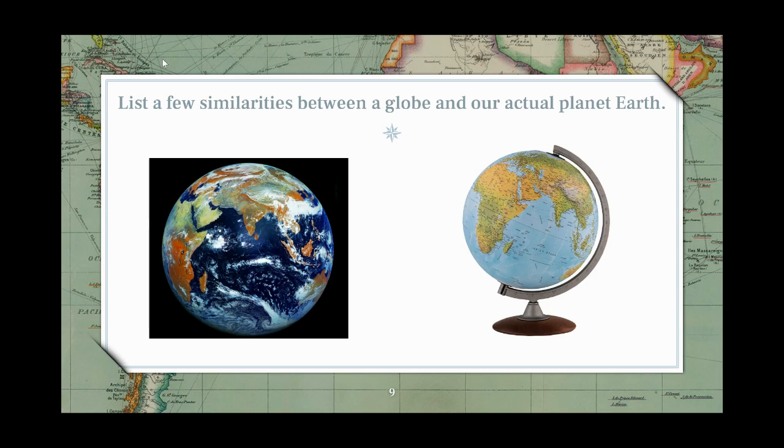For example, I can see a little bit of Africa there. I can see Madagascar. I can see India, a couple countries on there. So all of the countries, the shapes on top of Earth are all the same, and the fact that it's a sphere. One difference that I notice is that Earth is actually a whole lot larger than our little globe that I could keep in the classroom.